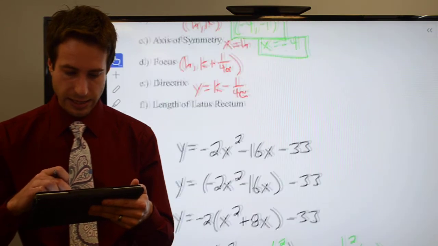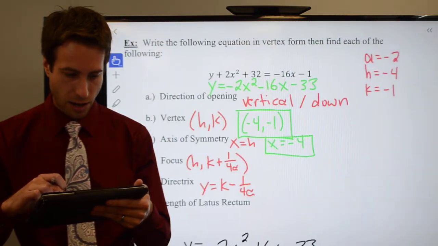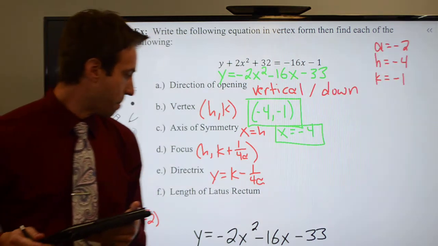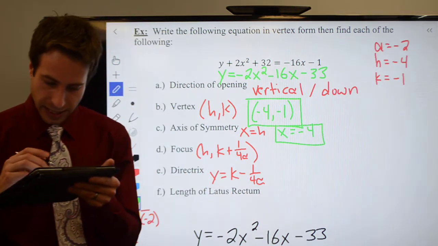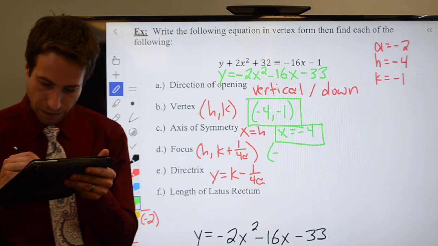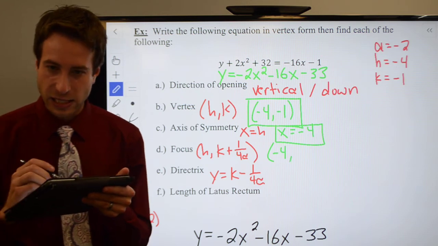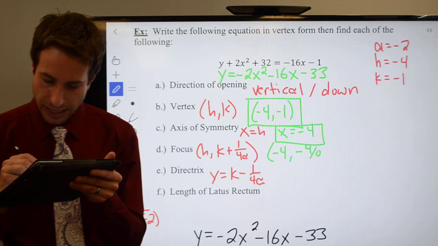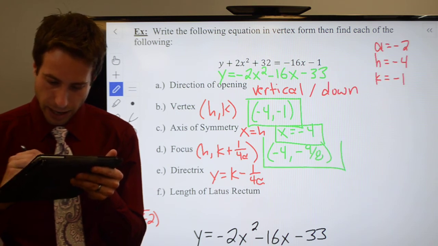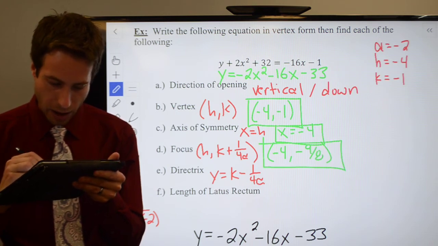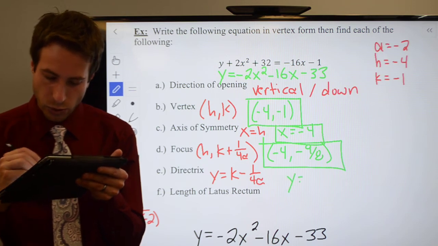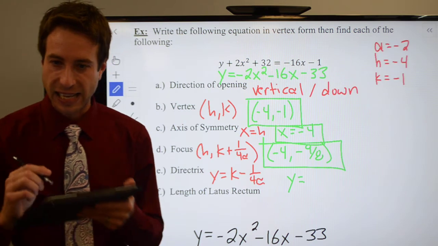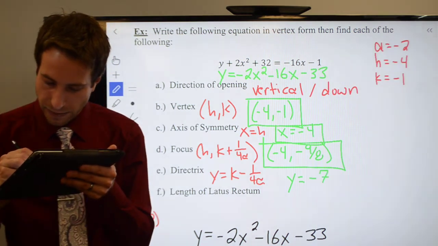So anyway, here we go. Let's write these guys down for our particular problem. So for me, my focus is at negative 4, comma, and then that fraction was minus 9/8. So there's my focus. My directrix was y equals k minus 1 over 4a, which again, as a fraction, was just minus 7/8.